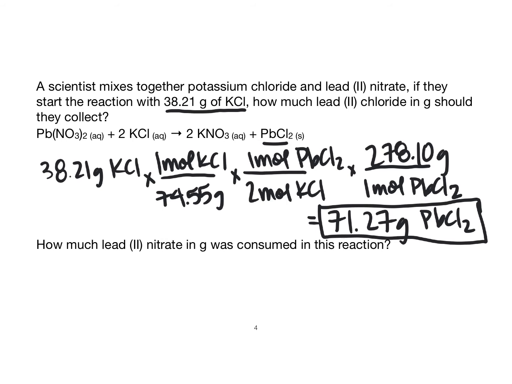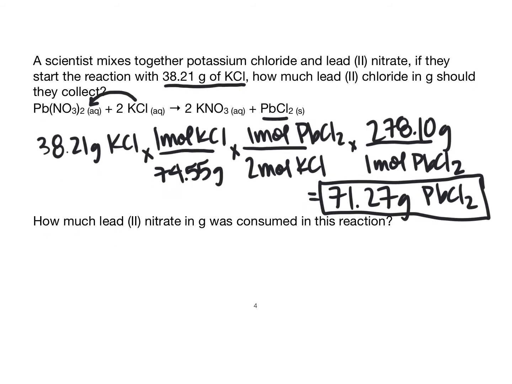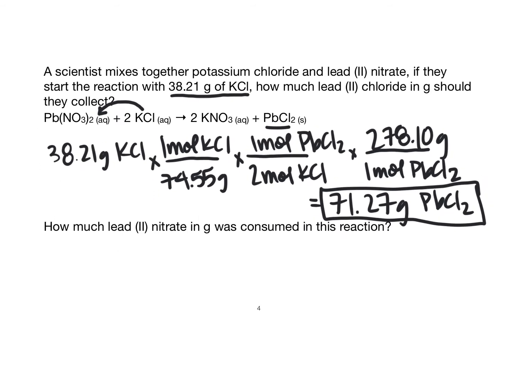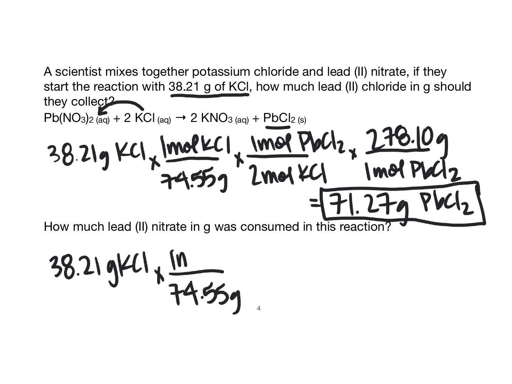So now we want to go from potassium chloride to a different reactant because we know they're consumed at the same rate in order to make products. So we're going to take our same 38.21 grams of KCl, divide by the molar mass of 74.55 grams, and 1 mole of KCl.